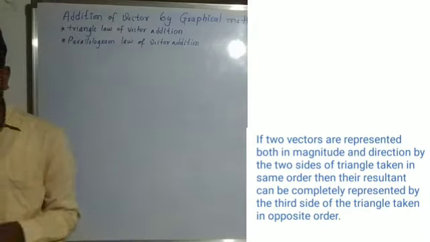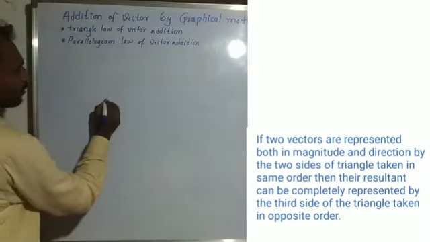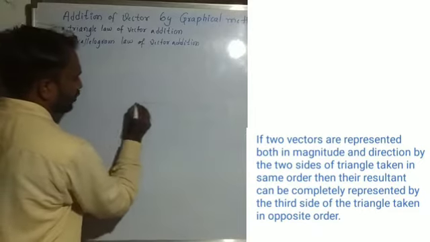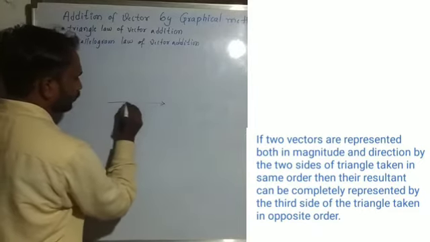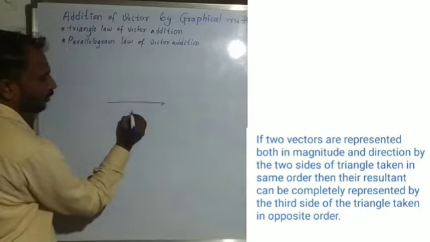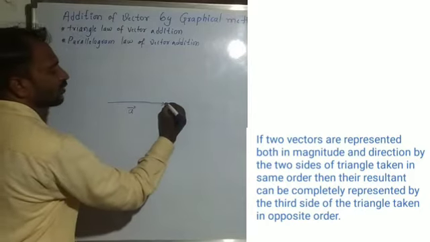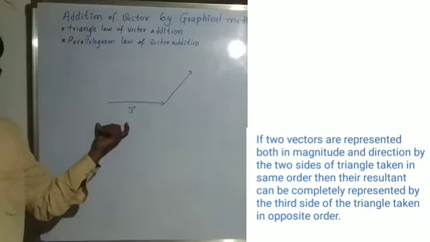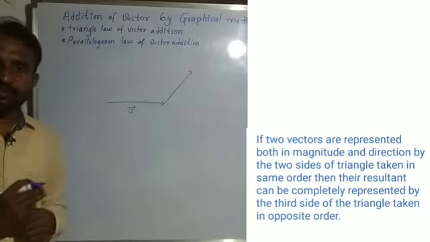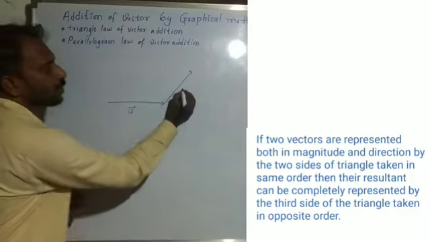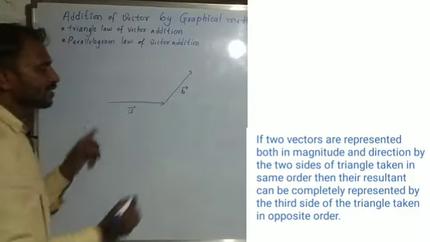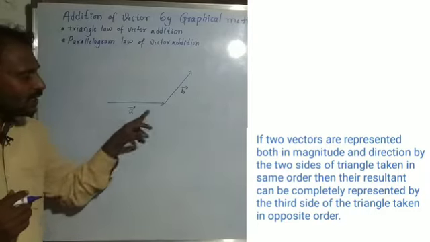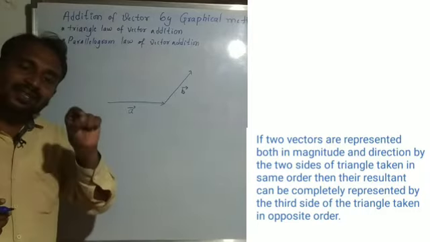Here, two sides mean two vectors. This one is vector 1, vector A, and another one is vector B. These two represent both magnitude as well as direction, and they are in the same order.